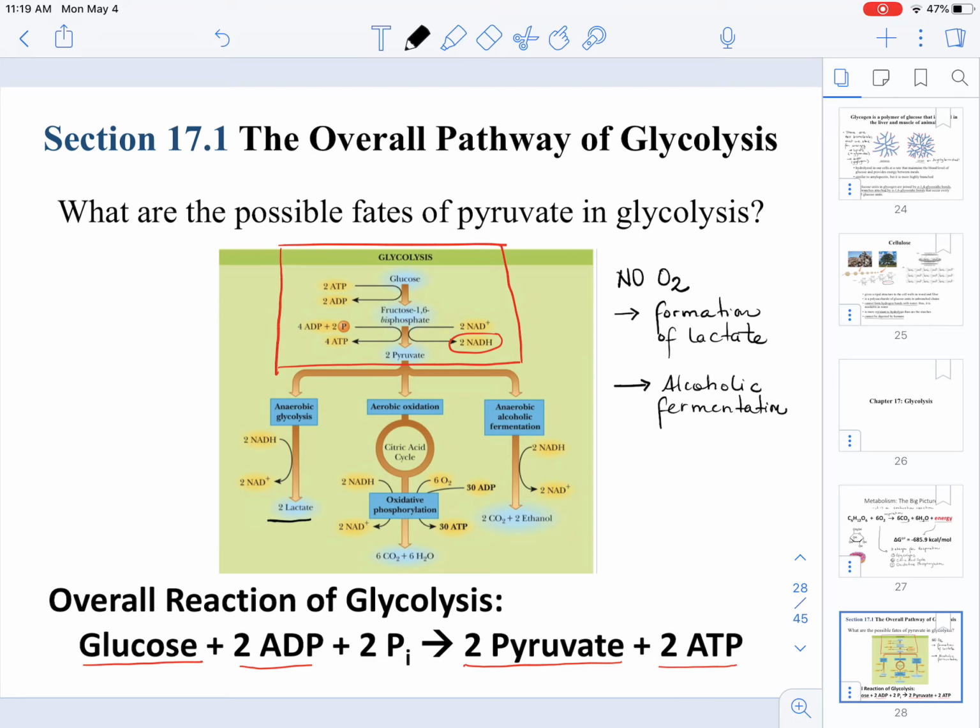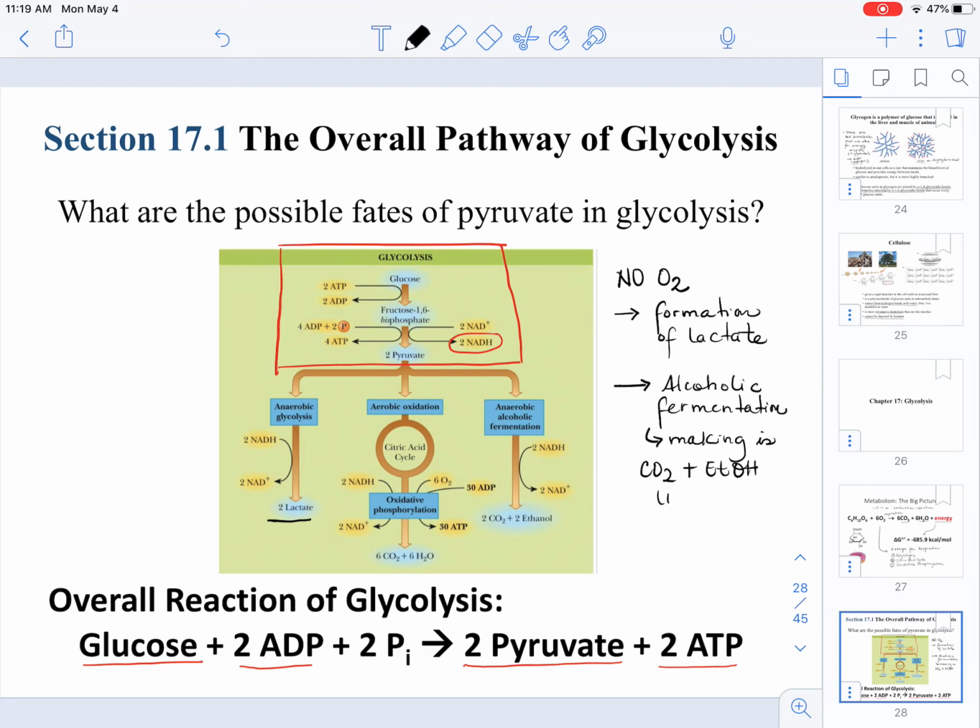And what we are going to be making is CO2 and ethanol. Understand that that second process is specifically found in yeast.